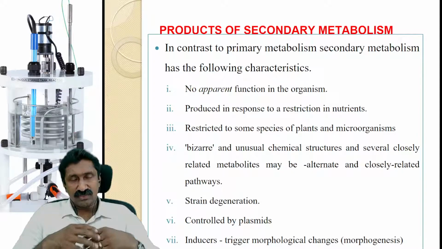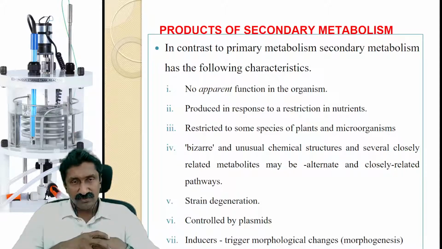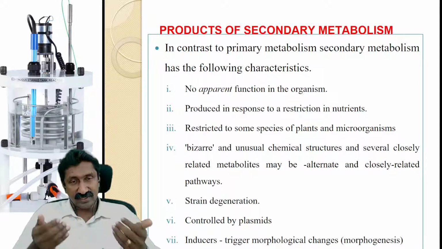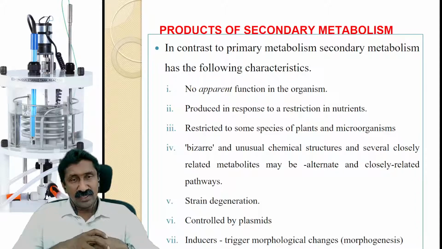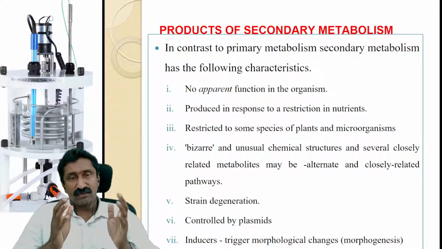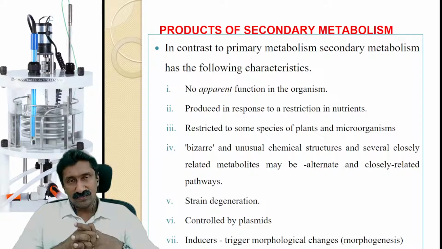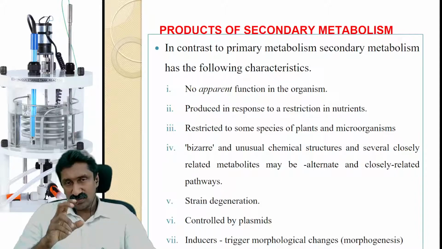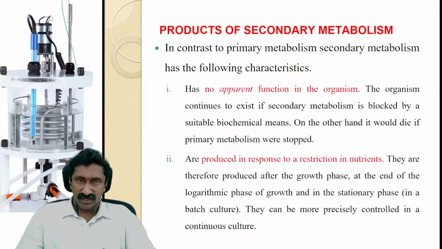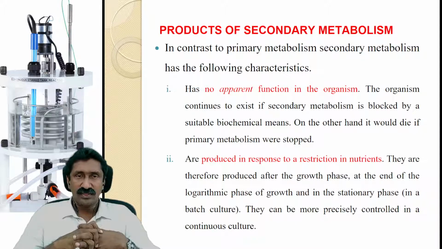Then it is subjected to strain degradation or strain degeneration. Then it is also stated that it is controlled by plasmids. Then it is also triggered by inducers for the production of secondary metabolism products. So we will see it one by one. So we have 7 points to be discussed regarding the secondary metabolic products.